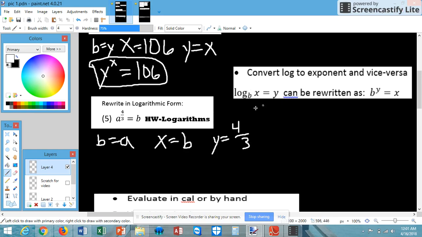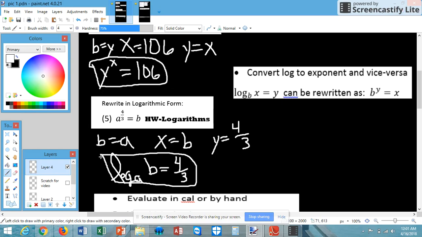So when we plug these in, we have log base a of b equals 4/3. And that's our answer. That's our logarithmic form of the equation right here.